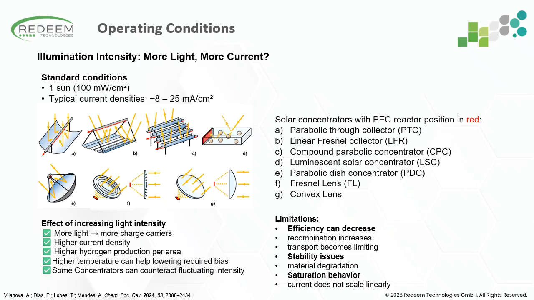Mass transport, ionic transport, and bubble removal eventually become the bottlenecks, meaning the photocurrent begins to saturate instead of increasing linearly. In addition, the higher temperature and photon flux can accelerate material degradation, creating long-term stability issues. So these concentrated PEC reactors also have to be cooled actively to counteract this.